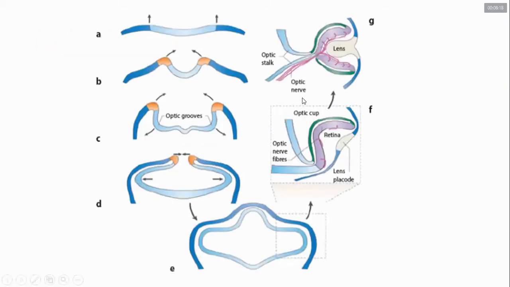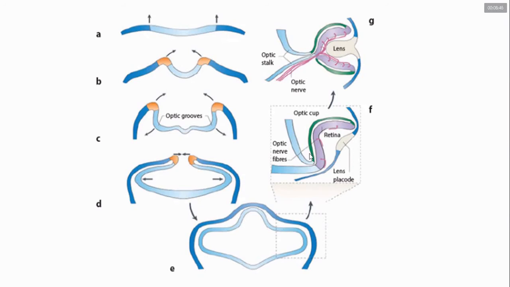You can see from here, it is developed from the neural plate, ectodermal thickening from the neural plate, and at the edge they rise and form the groove and fold.